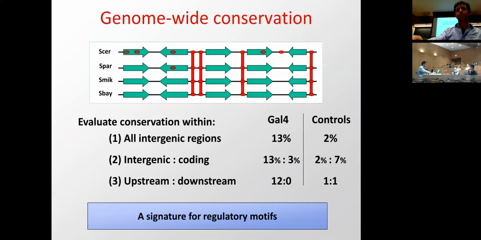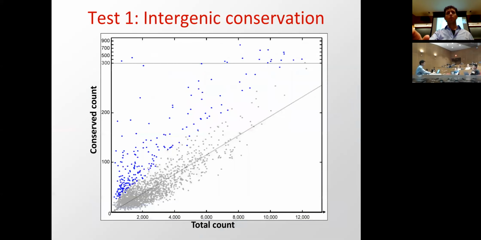All right. So let's try that. We're just going to simply enumerate k-mers. So this is what we find. If we do test 1 of intergenic conservation and we ask for every k-mer, which is a dot here, how often does it appear and how often is it conserved, we find that there's quite a strong diagonal here, with most k-mers being conserved at roughly the same rate.